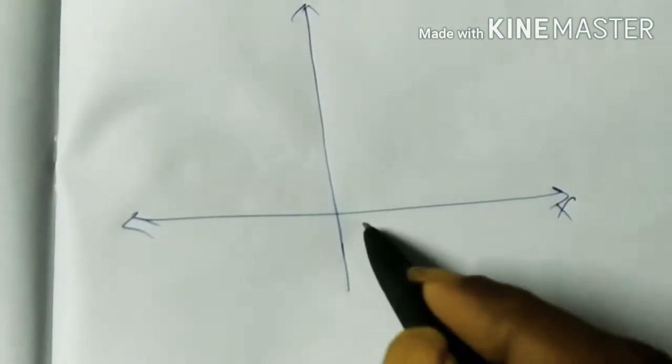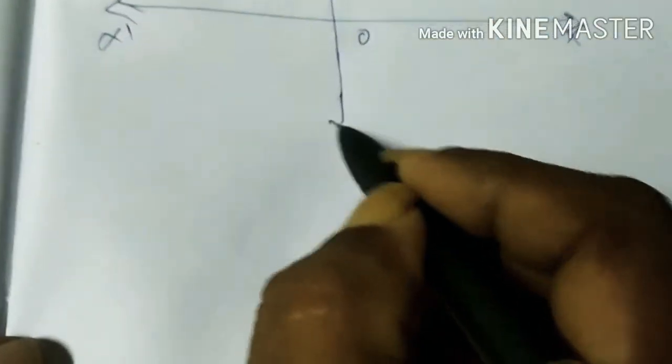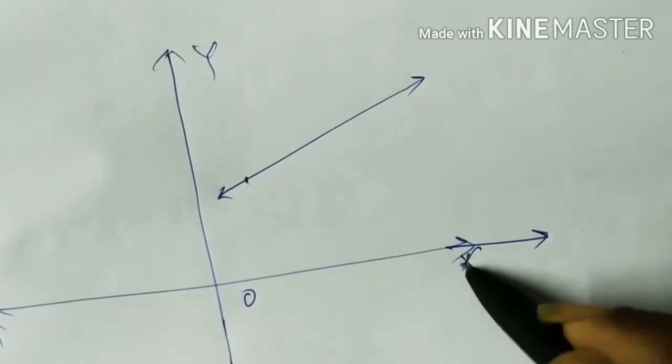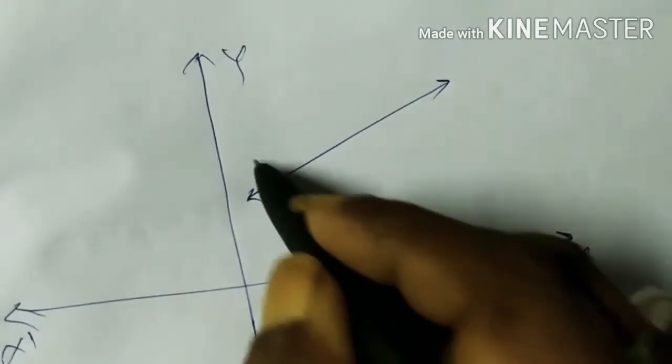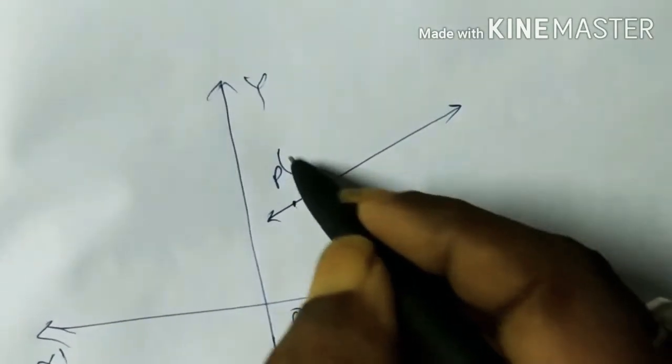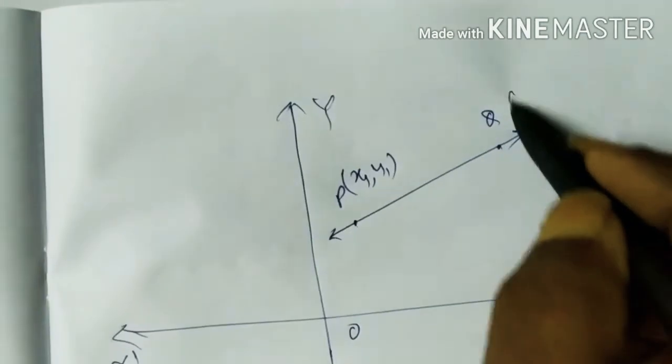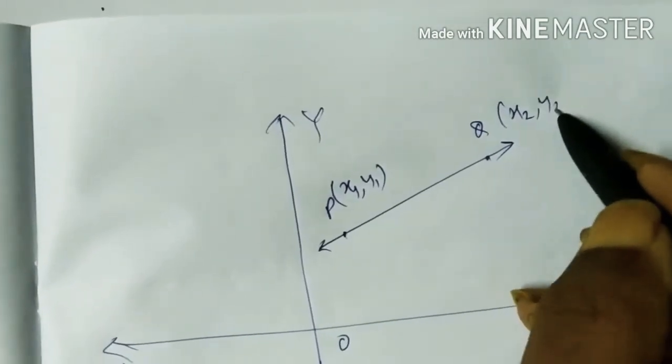This is our coordinate axis, x, o, x dash, and y, o, y dash. Now here this is the line. I am taking 2 points. One point is P and its coordinate is x1, y1, and another point Q, its coordinate is x2, y2.